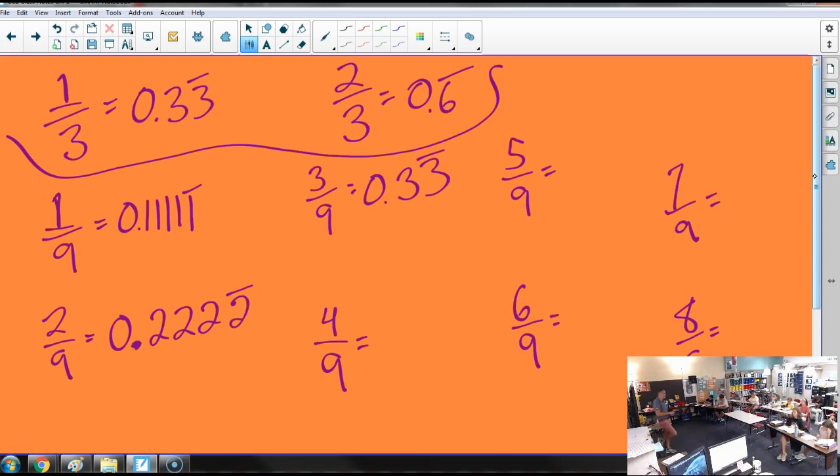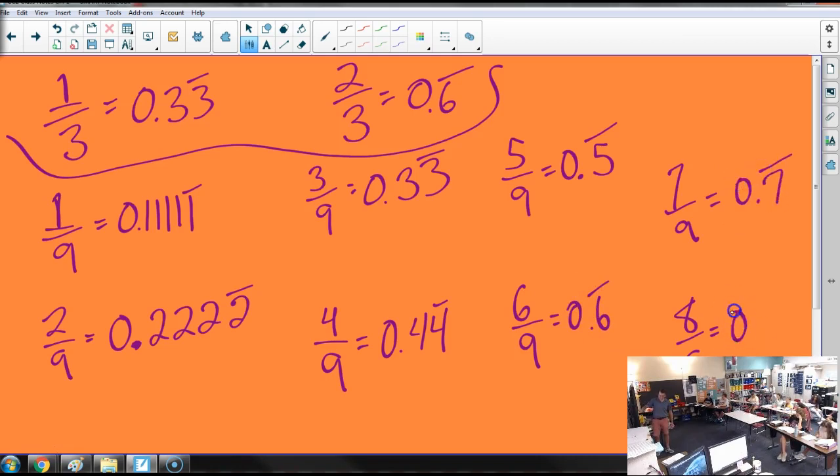So then, Luz, what do you think about 4/9? Ooh, 4 repeating without using calculators. Let's make predictions. What do you think about 5/9? 0.5 repeating. 6/9? 0.6 repeating. 7/9?